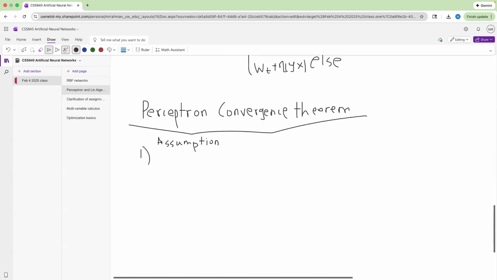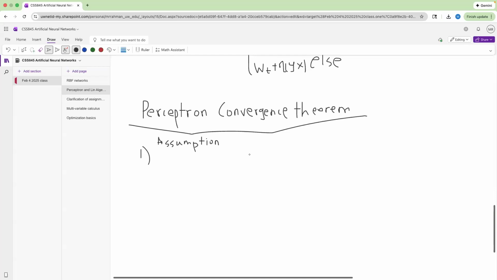First assumption is what we call linear separability. And what this says is that we can prove convergence only when there is actually at least one line that separates the positive and the negative examples. In other words, the data set is actually separable, right?